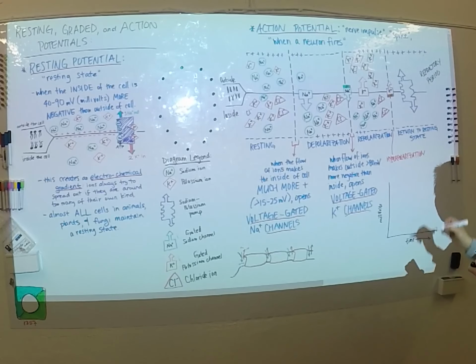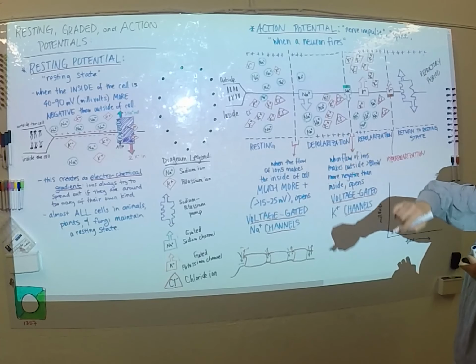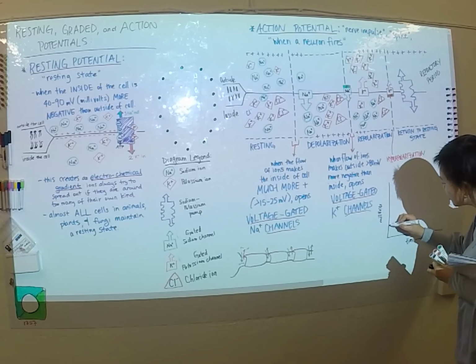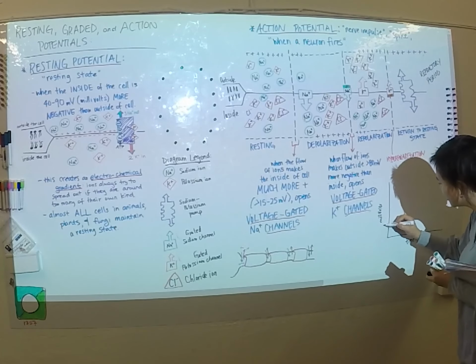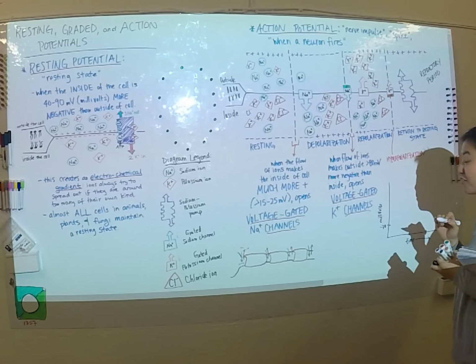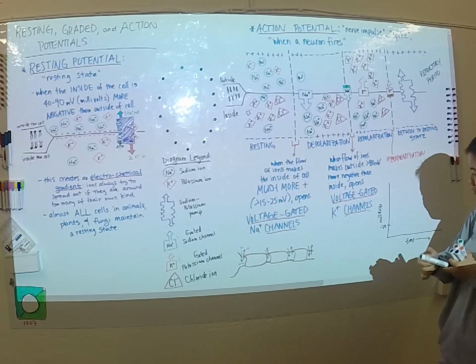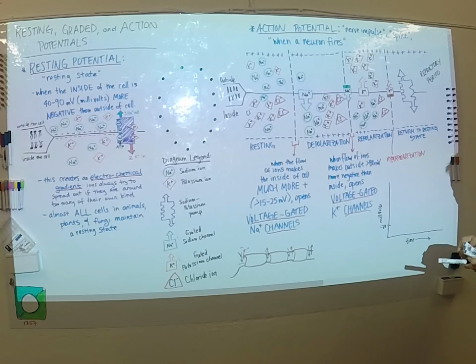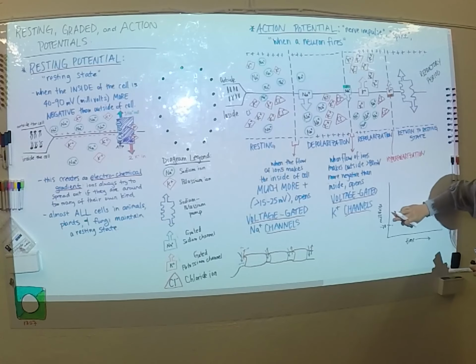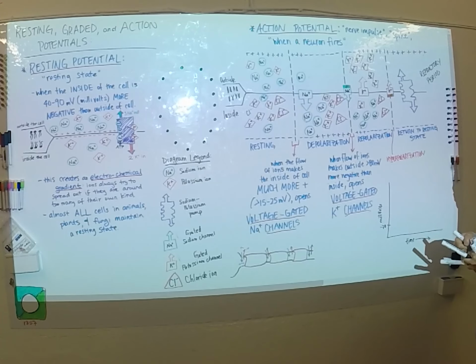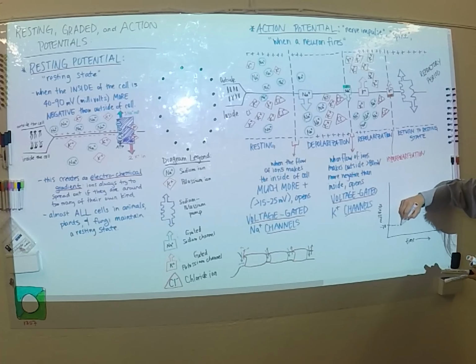Okay, so if we start at resting potential between minus 40 and minus 90 millivolts, so let's call it minus 70, remember, because the inside is more negative. Okay, so if this is our resting potential, let me use blue. Okay, blue is our resting potential.